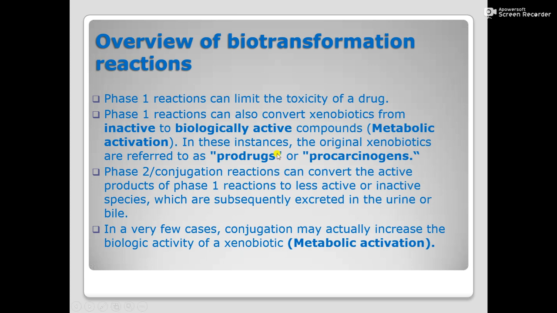Phase 1 reactions can limit the toxicity of a drug. They can also convert xenobiotics from an inactive form to a biologically active compound, so metabolic activation can occur in this reaction. In these instances, the original xenobiotics are referred to as prodrugs or pro-carcinogens. In phase 1 the oxidation and reduction reactions occur, while in phase 2 the conjugation reaction occurs.